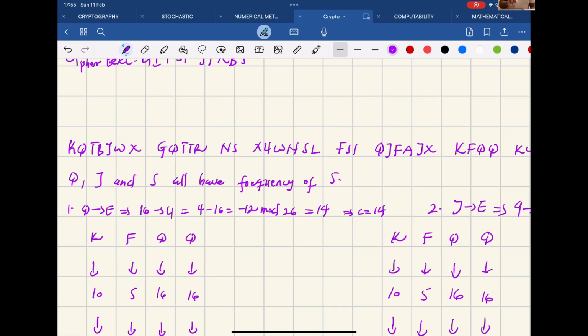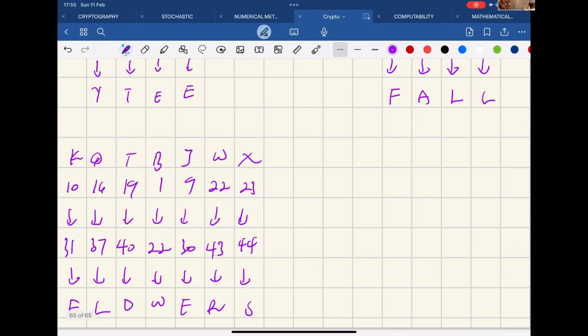Looking at the cipher text, K, Q, T, B, J, W, X gives us flowers.